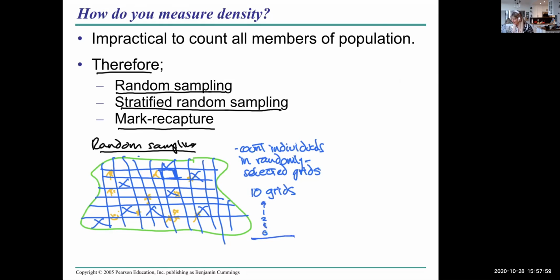We count those up. Say our final result is 35. And then we divide by 10. And that gives us 3.5. So we are estimating that we have 3.5 individuals per grid, per quadrat.